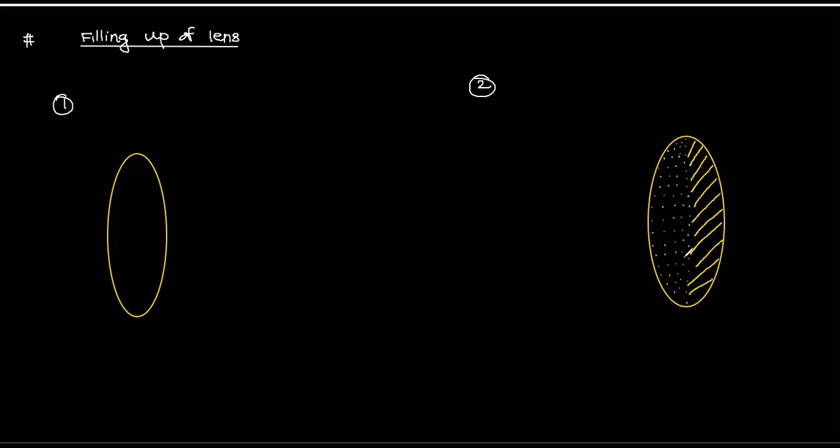You can see in the diagram. In this second diagram I have filled like this, and in this now I am going to fill like this.